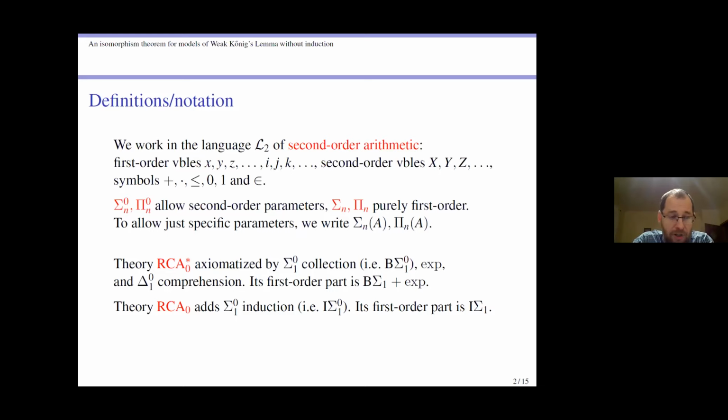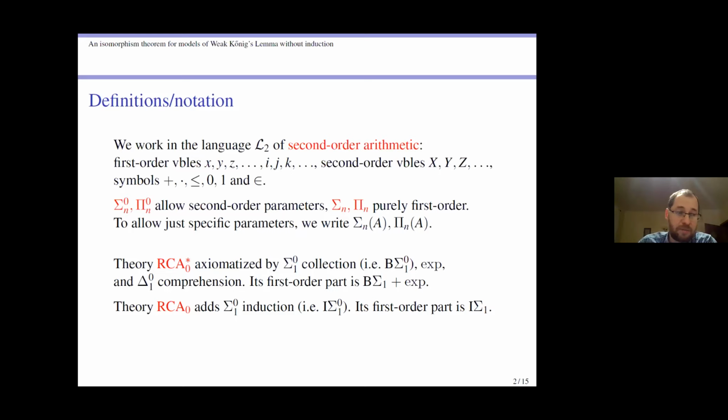The theories we'll talk about today will be mostly extensions of this weaker, maybe less familiar base theory for reverse mathematics, which is known as RC0 star. So this is sigma 1 collection, or delta 1 induction if you prefer.